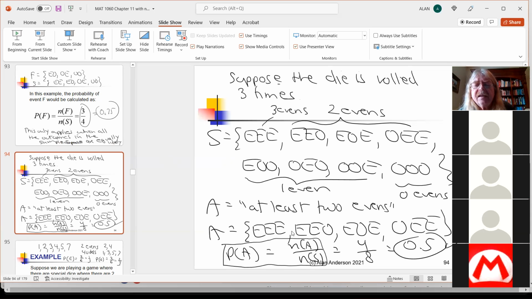This contains EEE, EEO, EOE, and OEE. Again, based on what we've just done, because there's 4 elements in that set, and there's 8 in the sample space, and they're all equally likely, my probability is 4 out of 8, or a half.